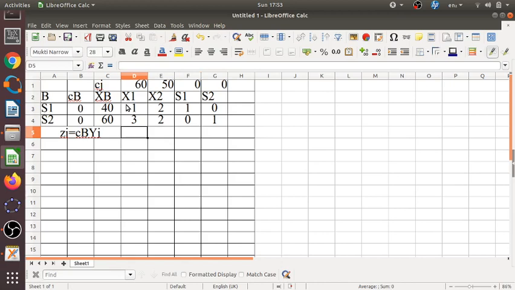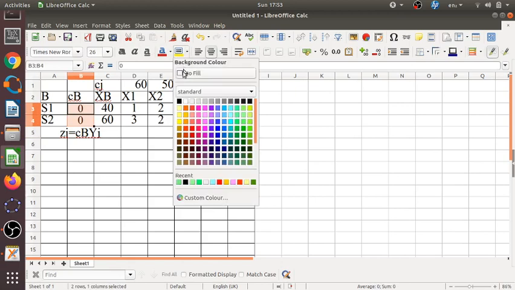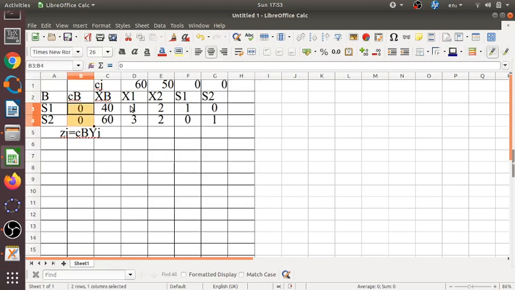Next, what do I have to calculate? We have to calculate cb multiplied with yj. So it's 0 into 1 plus 0 into 3, we are multiplying this vector with this vector. So this is 0.